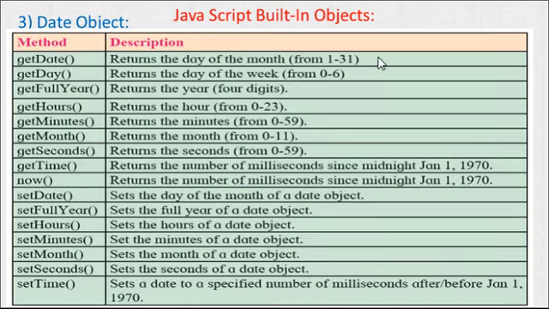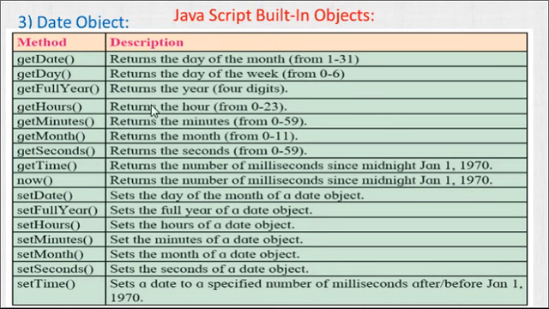Then date objects. If we want to display only the day of the month, ranging from 1 to 31, then we have to use getDate. Then if we have to display the weekday from 0 to 6, then we have to use getDay. Similarly, getFullYear returns the year number in complete 4-digit format, just like 2020.